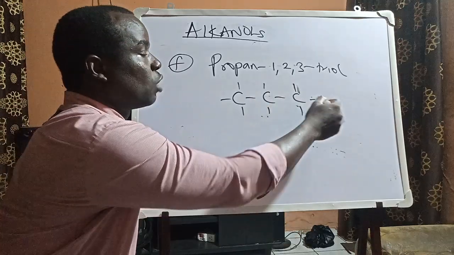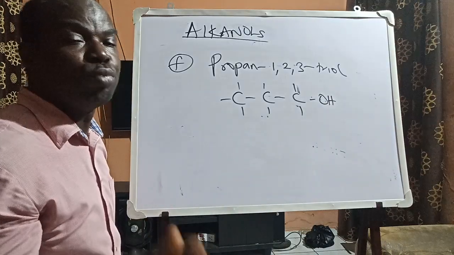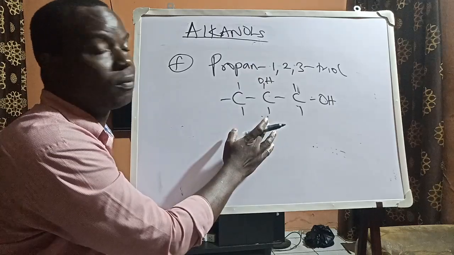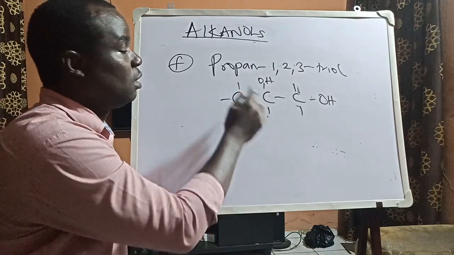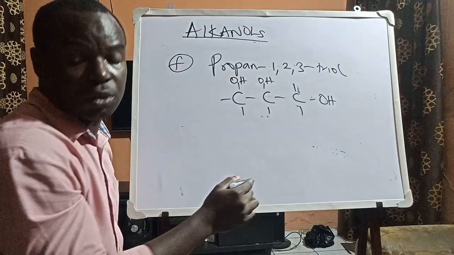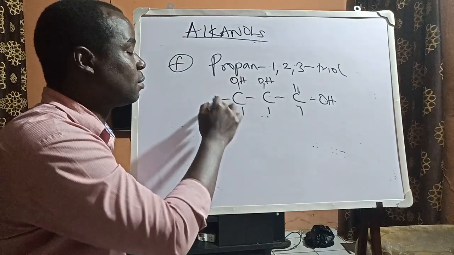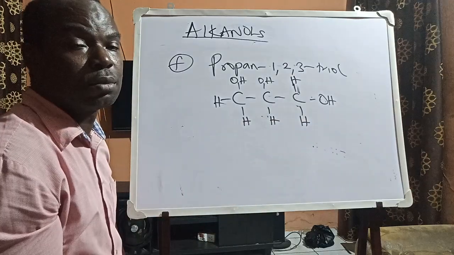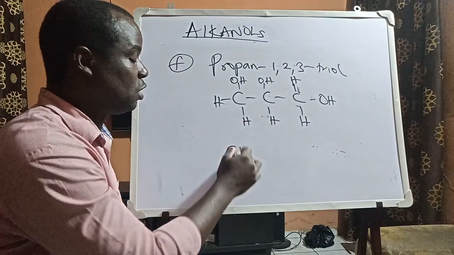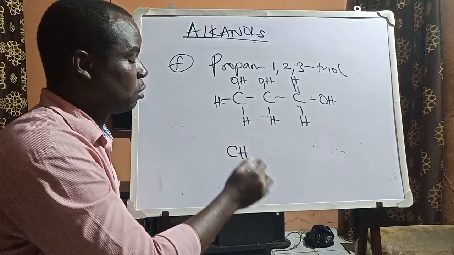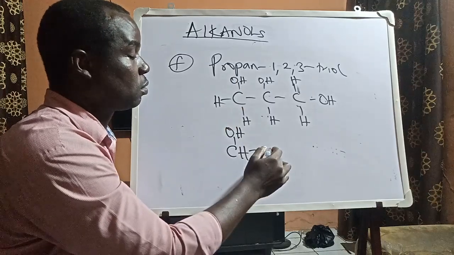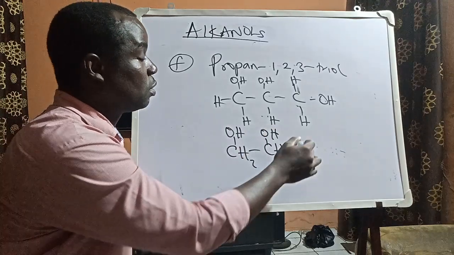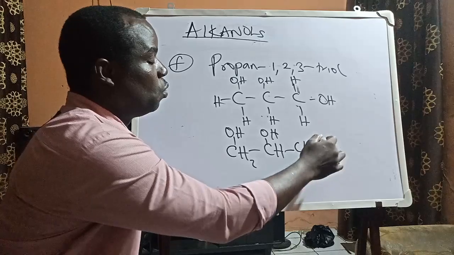So you put OH on carbon number 1. Put OH on carbon number 2. This OH, if you don't like it to be up, you can put it down. They are the same thing. Then another OH on carbon number 3. Then the other bonds will now be occupied by hydrogen. So you can summarize it as CH2OH, CHOH, then CH2OH.